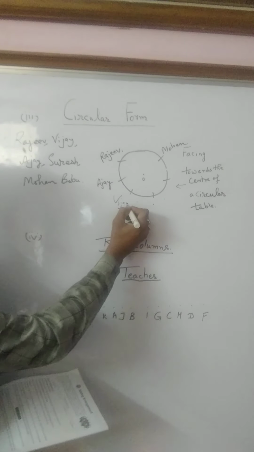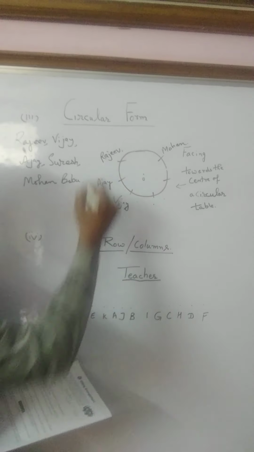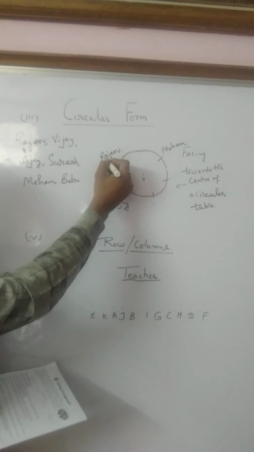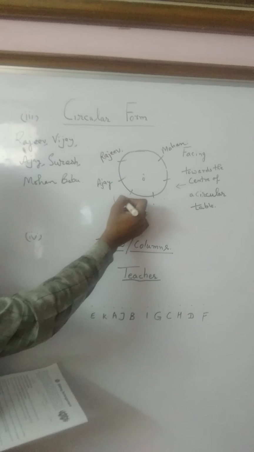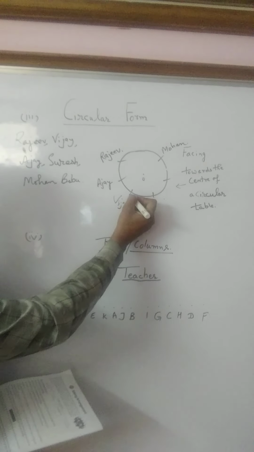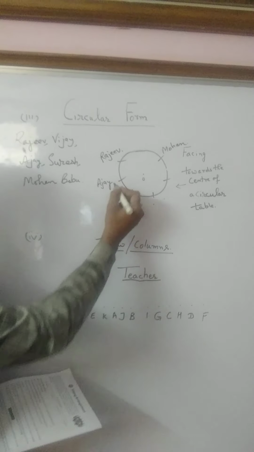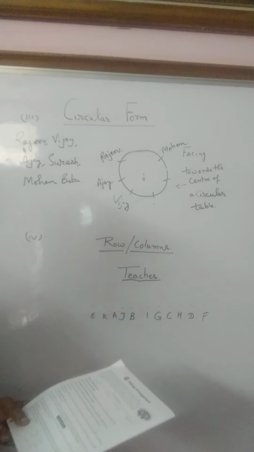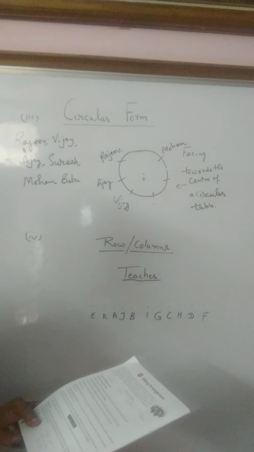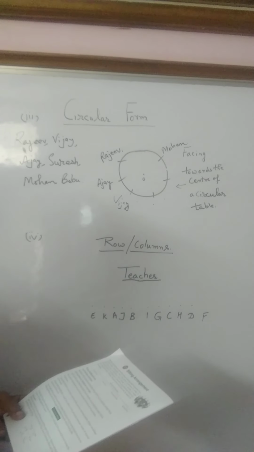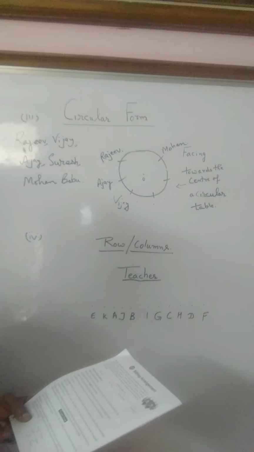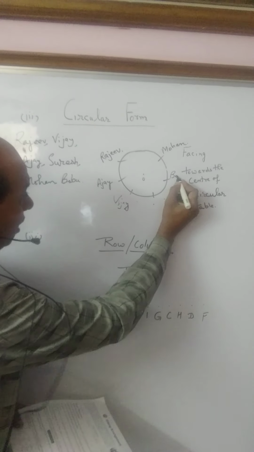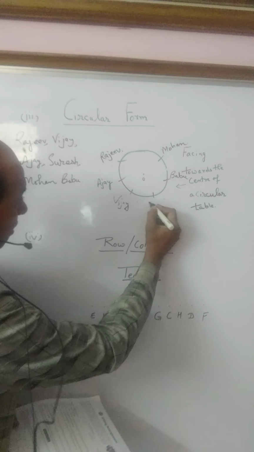Because Vijay is not immediately left of Rajiv, there is some gap between Rajiv and Vijay, and this helps that Ajay will be in between Rajiv and Vijay. And then we have Suresh between Babu and Vijay. So Babu will be here and Suresh will be here.